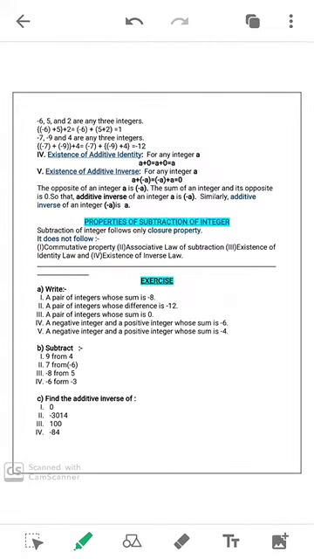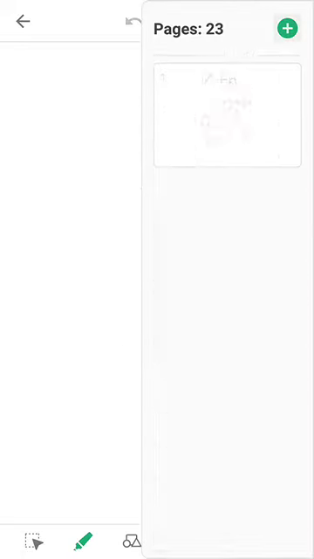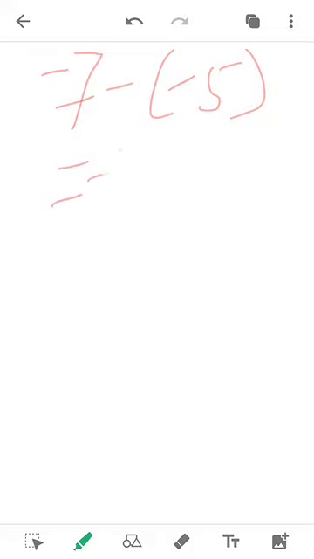Now another one: a pair of integers whose difference is minus 12. Minus 7 minus 5 is equal to minus 7 minus plus 5, which is minus 2.